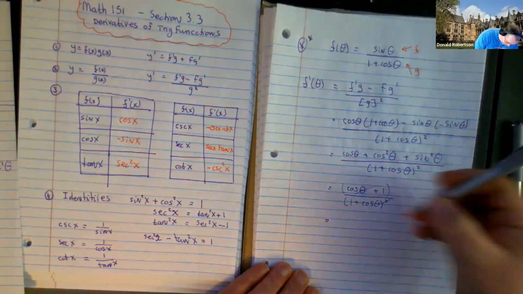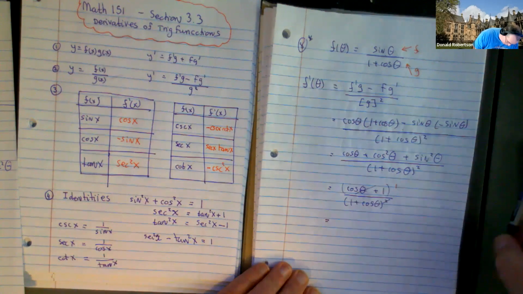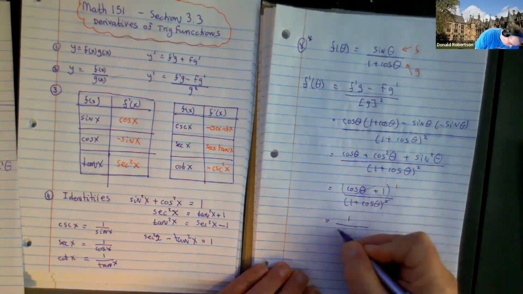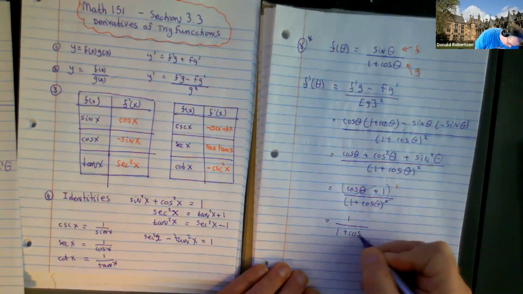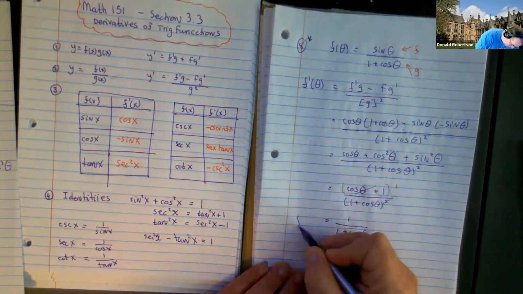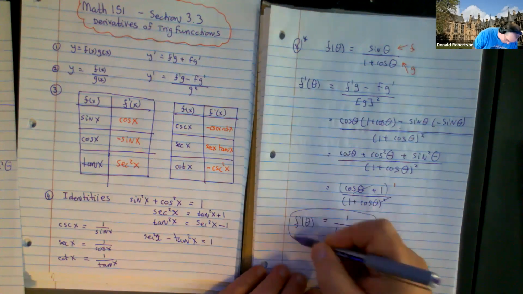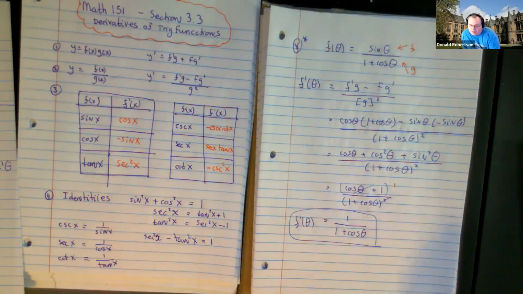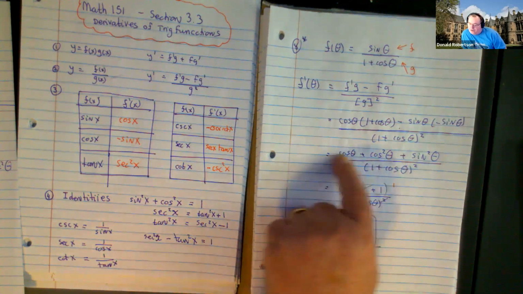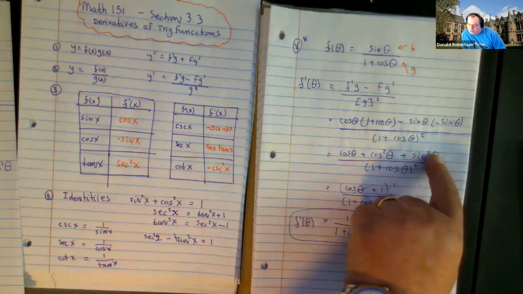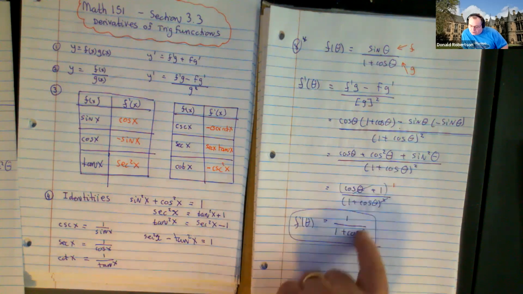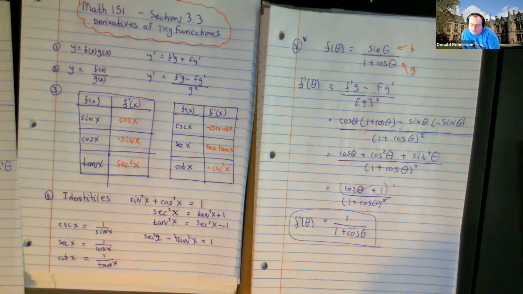And when you cancel everything, you leave a 1 behind. So what you now have is 1 over 1 plus cosine of theta. So do you see that that derivative can be made a lot simpler than if I just left it like that? Would you agree? That's what the calculator told us, but we had to do a lot more work, and it's much prettier now.